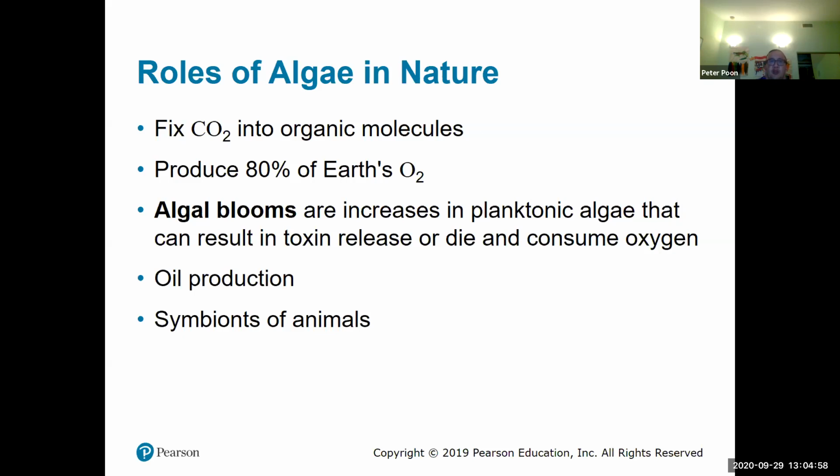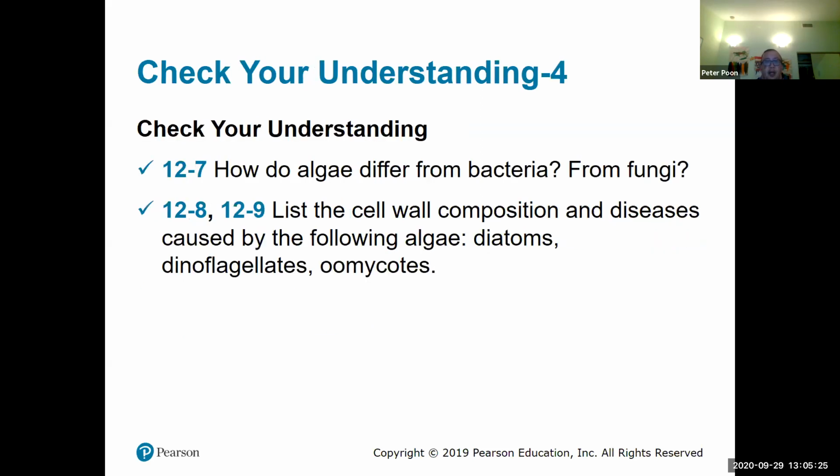If we want to trap CO2 and reduce carbon emissions, one of the things we can do is grow more algae. We can also use algae in oil production, extracting oil from them. There are a lot of cooler features going on.